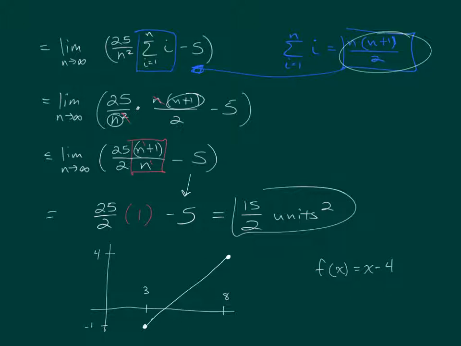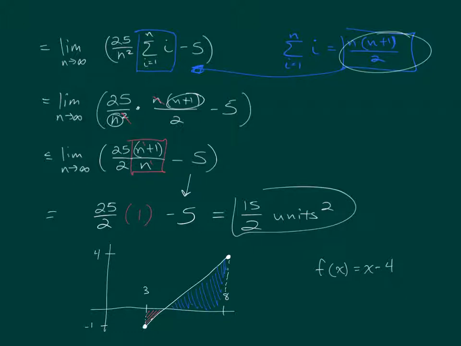What we mean in mathematics by area under a curve is the area between a curve or your function and the x-axis. We have all of this area that we're trying to find.